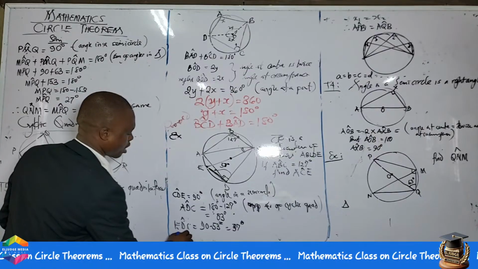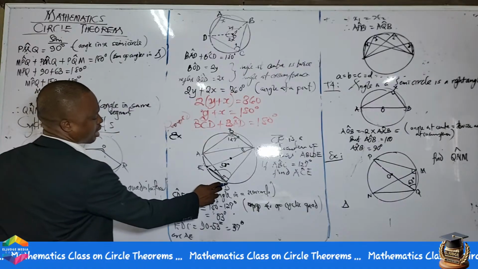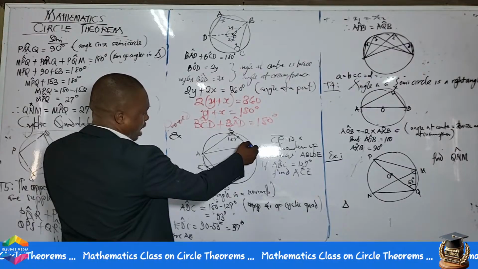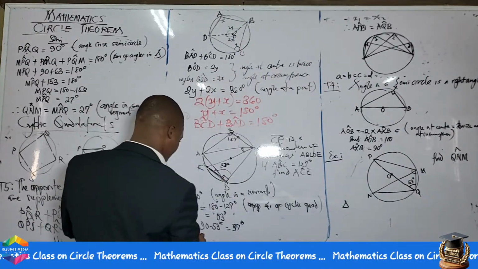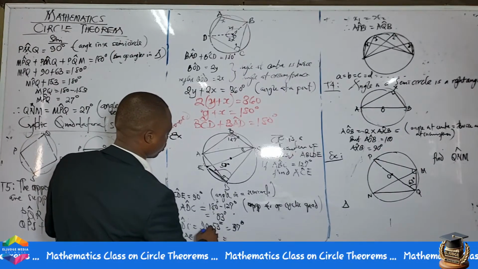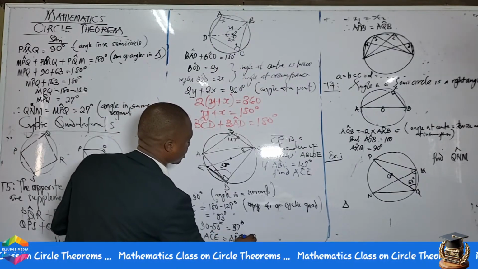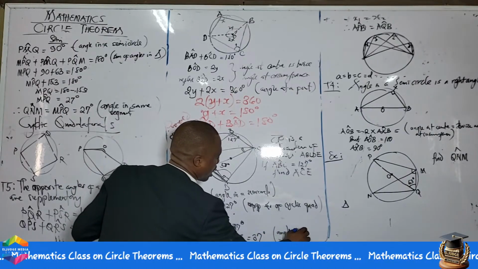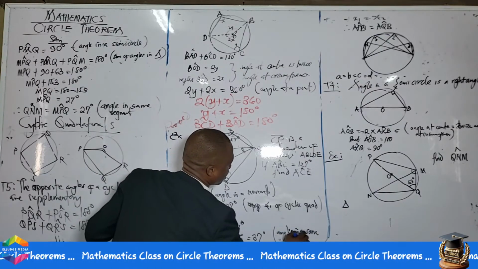Arc AE subtends angle ADE at the circumference, and also subtends angle ACE at C. So therefore, we can say that angle ACE equals angle ADE, which equals 37 degrees. And this is what we call angles in the same segment.